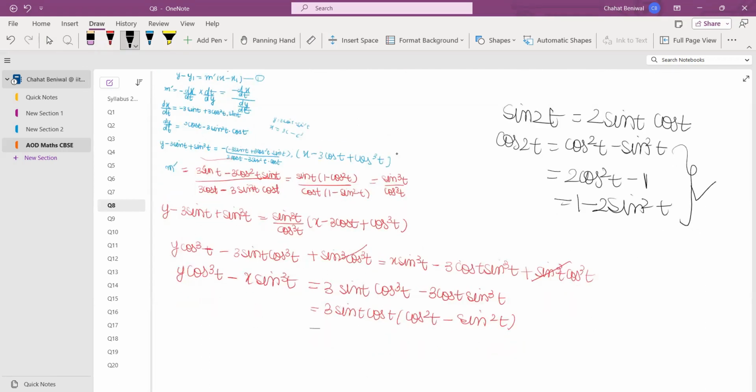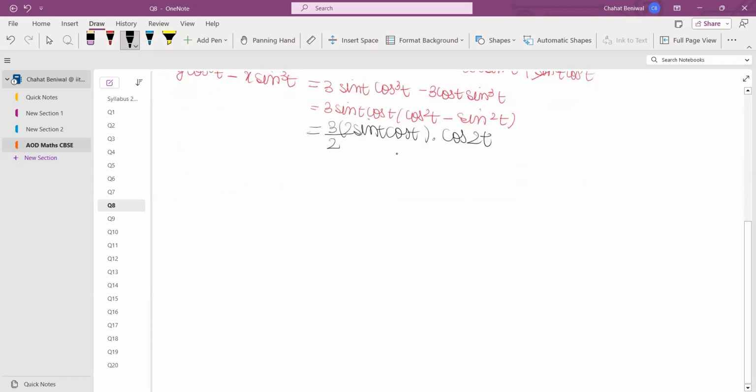Okay, so I can write it like 3 by 2 into 2 sin t cos t, and I can write this expression directly as cos 2t, and it is also sin 2t. Okay, so it will become 3/2 sin 2t cos 2t.